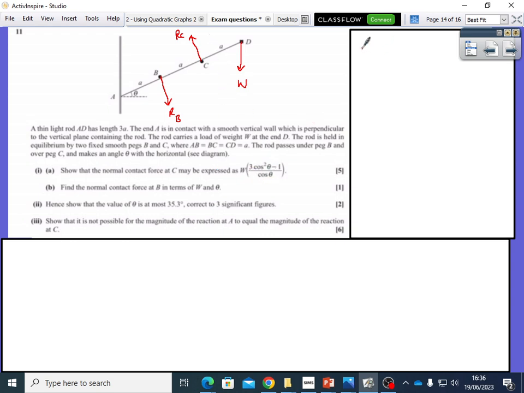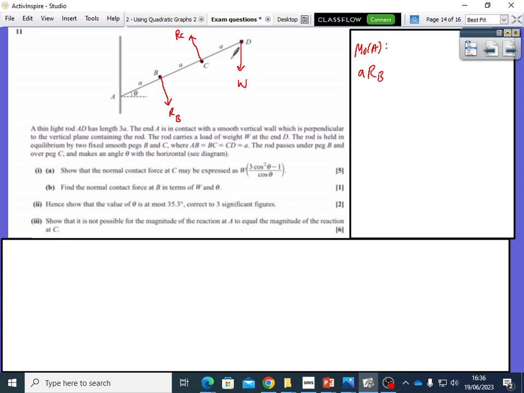So first of all, let's take moments about A. What we've got are perpendicular forces, so that is going to be A multiplied by RB. That's going the other way, so we'll deal with that later.